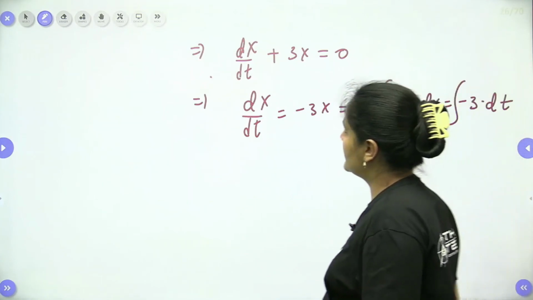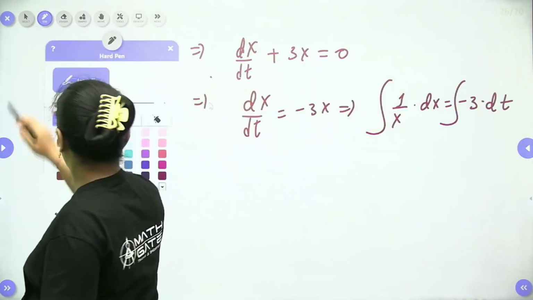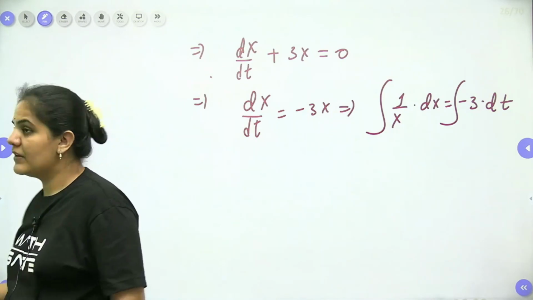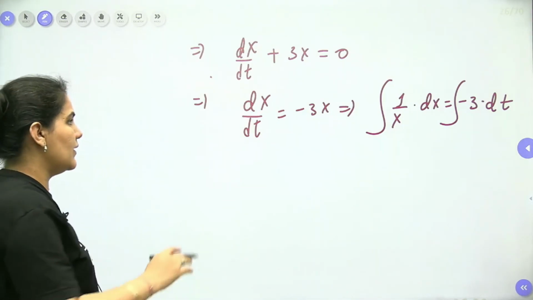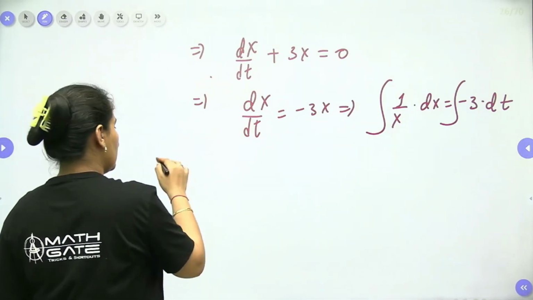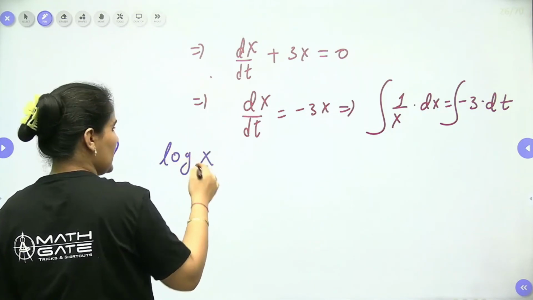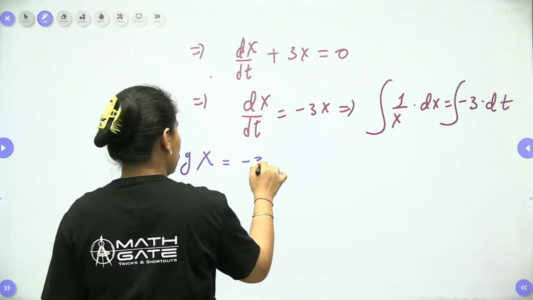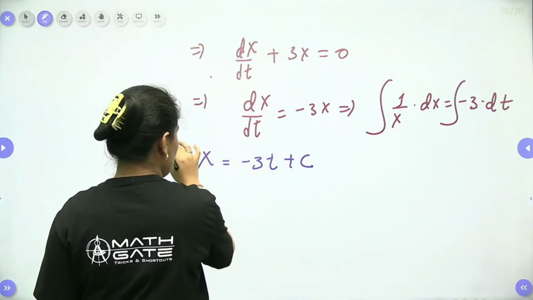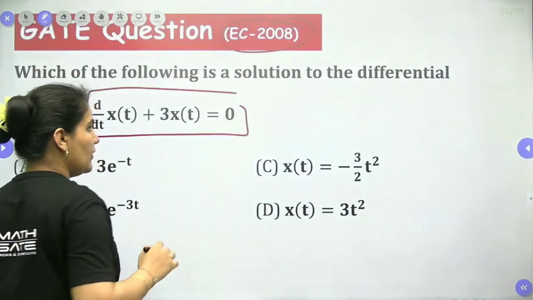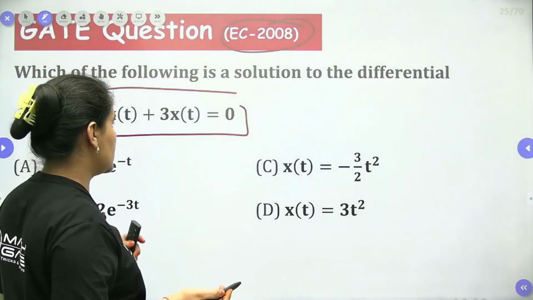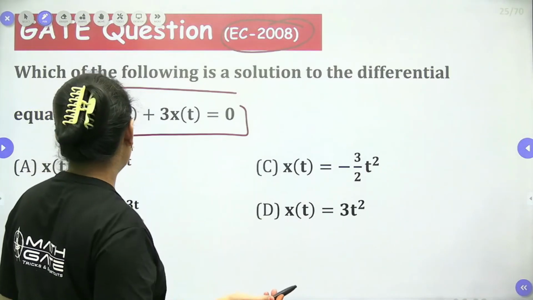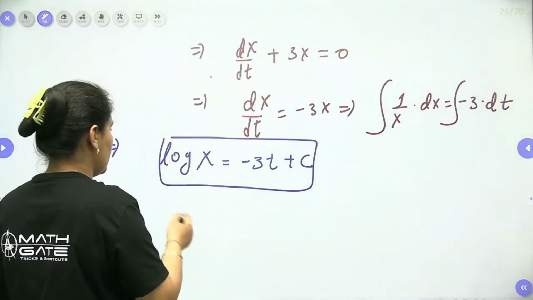Let's integrate both the sides. For 1 by x, the result will be ln x, equal to minus 3t plus c. Do we have options to find the condition? No, still we don't have.